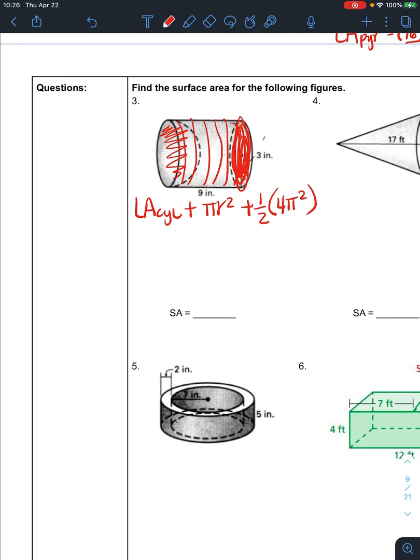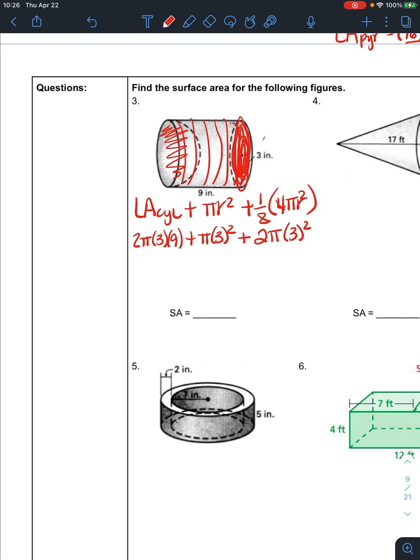So let's do it. The lateral area of our cylinder is 2 pi r h, where the radius is 3 and the height of the cylinder is 9, plus the circle on the bottom, pi r squared, plus 2 pi r squared for the half sphere.